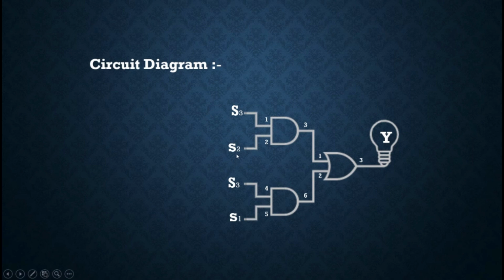Similarly, S2 and S3 are the inputs, and here also an AND gate is applied, so we get S2 dot S3. Considering both of them, we apply an OR gate to get our required output. We get S1 dot S3 plus S2 dot S3. That is our output, that is Y equals S1 dot S3 plus S2 dot S3.